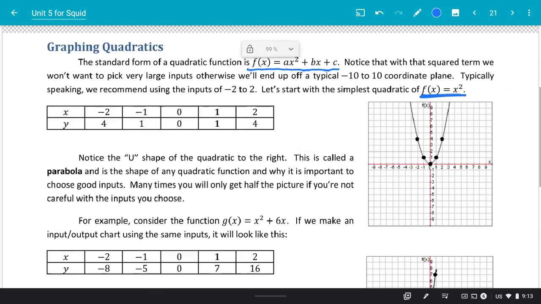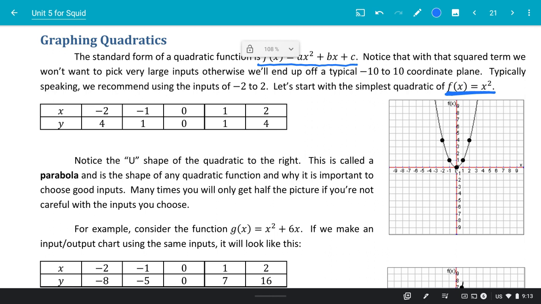All right. So if we chose f of x equals x squared and we plugged in -2, -2 squared is 4. -1 squared is 1, 0 squared is 0. Everybody, 1 squared is, and 2 squared is. See how we get those inputs and outputs.